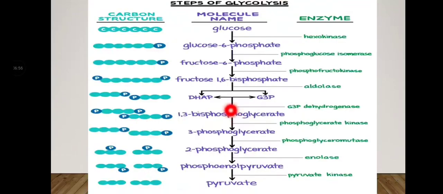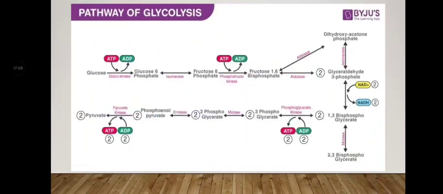So from here, this is converted to glyceraldehyde 3 phosphate. Dihydroxyacetone phosphate is converted via the triose isomerase.